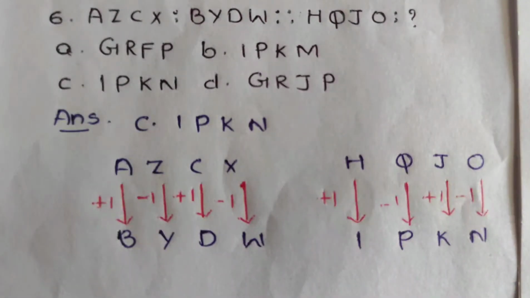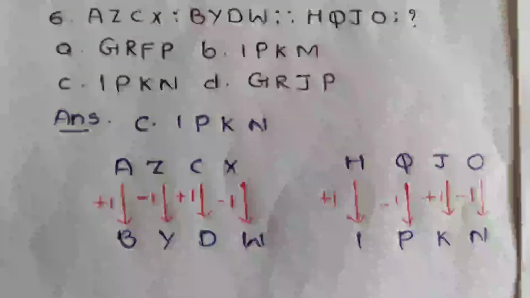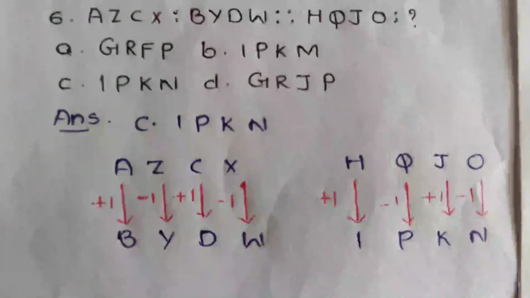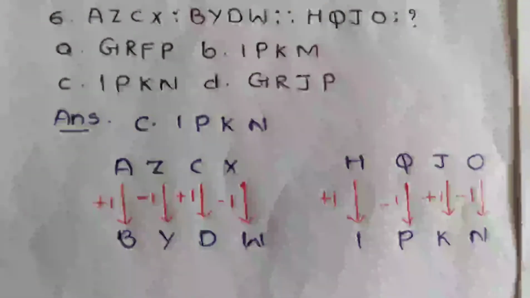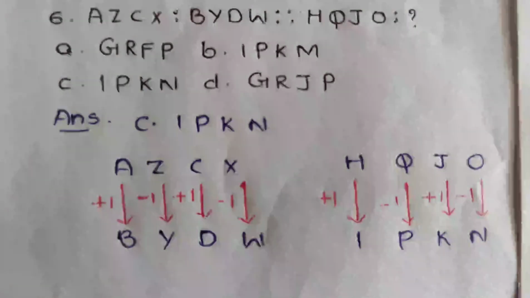So the number place of B is 2. Similarly, the number of Z is 26, and from 26, if you subtract 1, you get Y. That is, here what they have done is they have added 1 to A and they have subtracted 1 from Z.